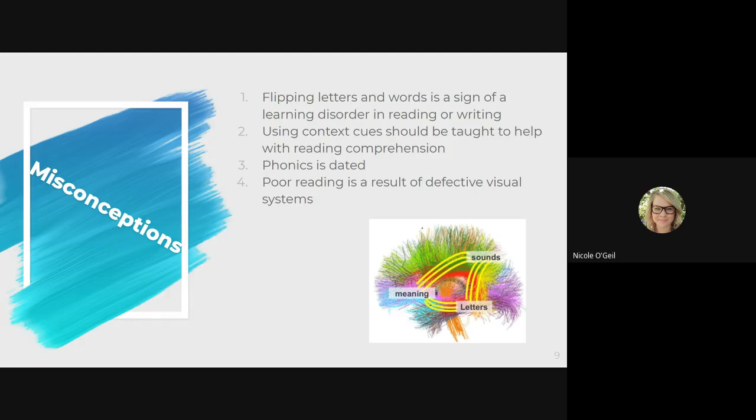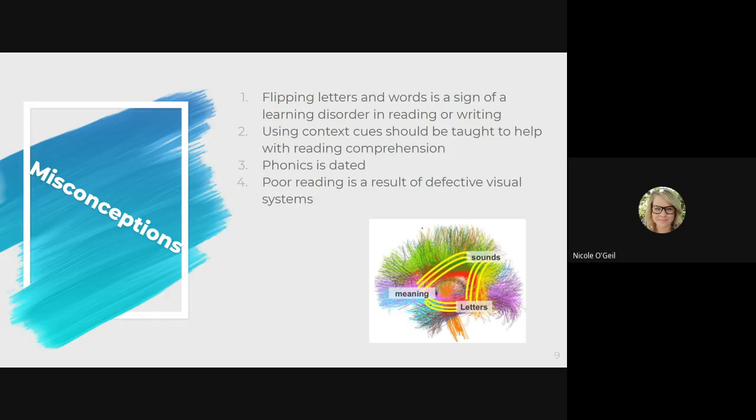And then the last one is that poor reading is a result of defective visual symptoms. And this is quite highly debated as a subject, but just looking at only the research, when we're looking at a learning disorder, it's so important to check for vision, obviously, and hearing concerns, because if you can't hear or see words or what's going on in the classroom, it's going to be very difficult to learn.